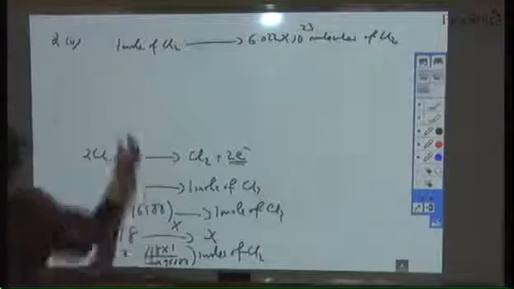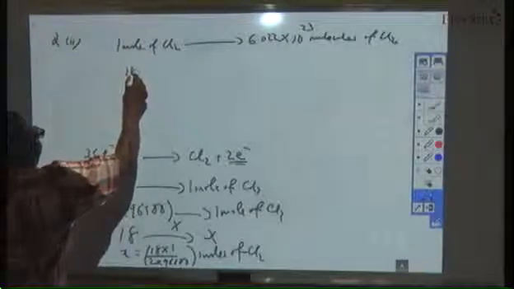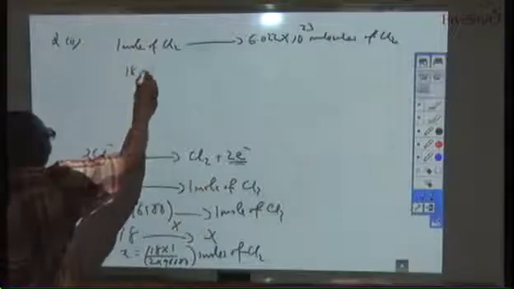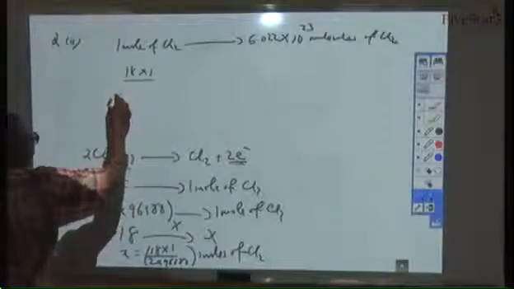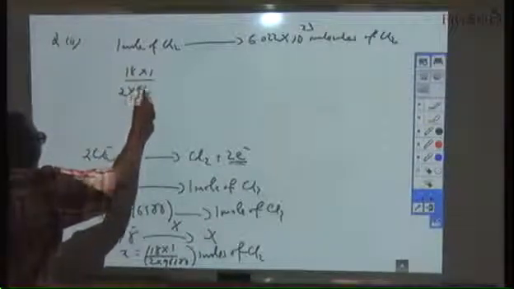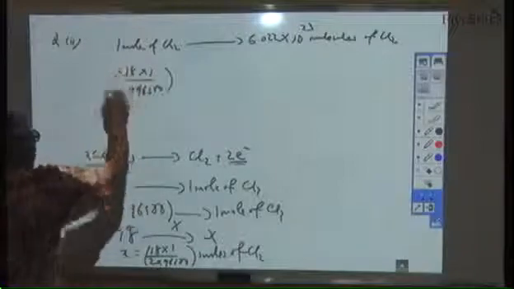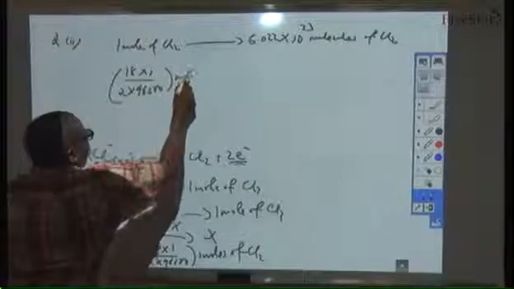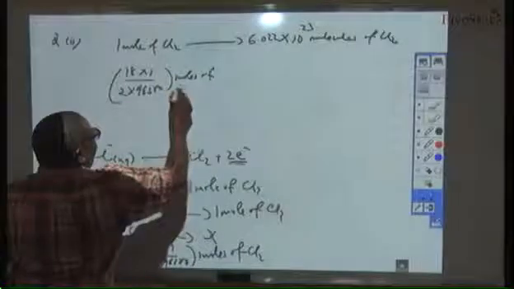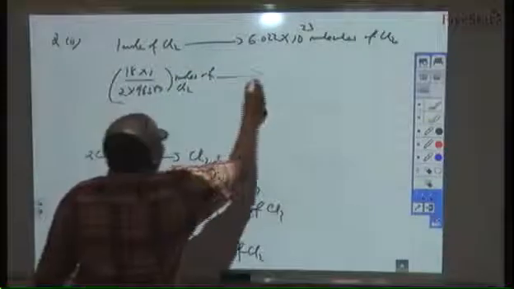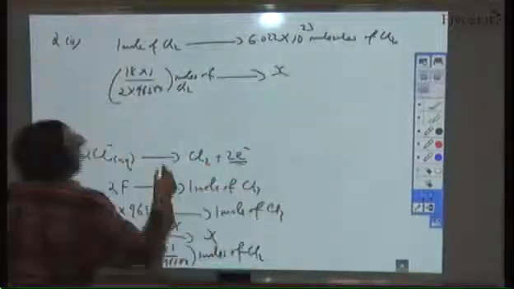Therefore, this much moles contain how many molecules?